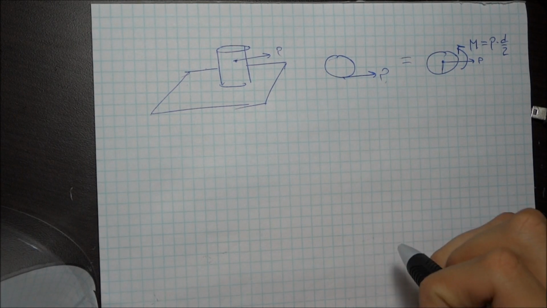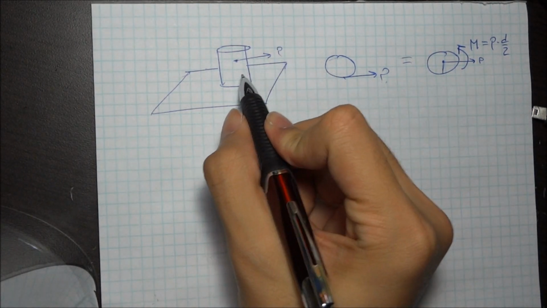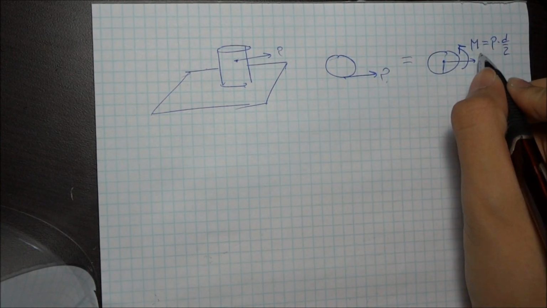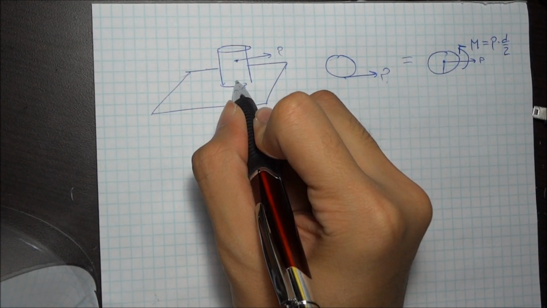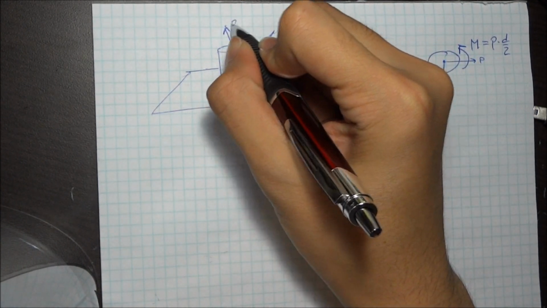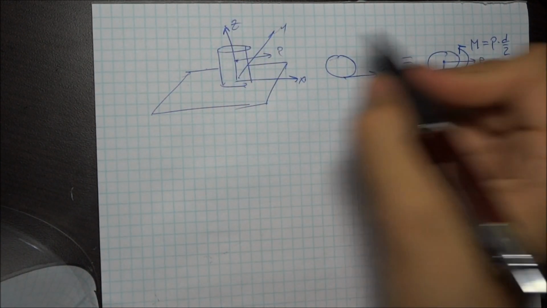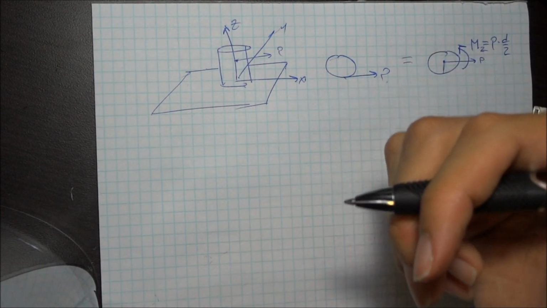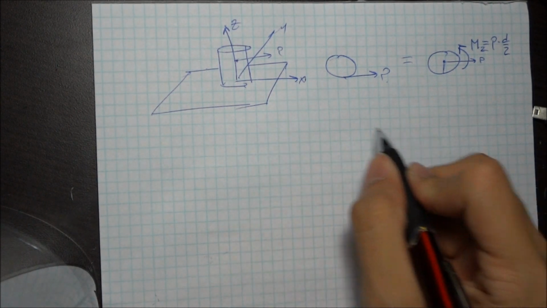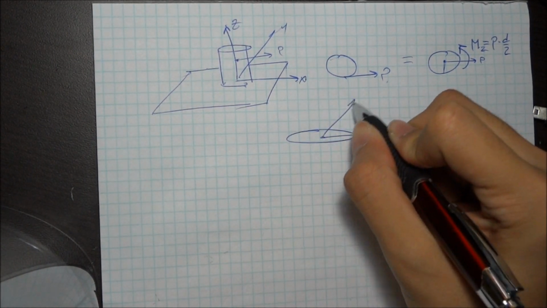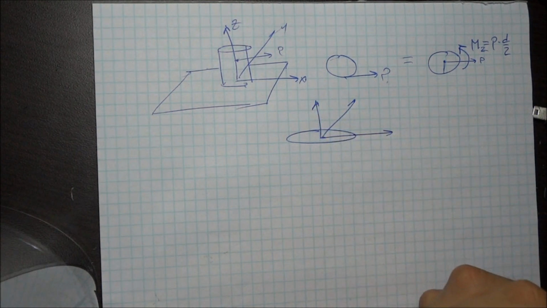So what you want to do before you do anything else is transfer everything down to the base. So for example, this moment, let's draw a coordinate system. This is x, this is y, and we'll call this x, y, and z. In that case, recall that this moment is going to be Mz, because it's about the z-axis. If we bring everything down to the base, we're going to have a series of stresses.